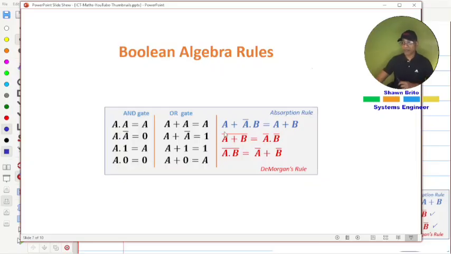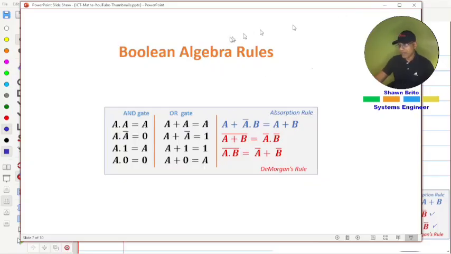We are not going to prove any of this. You can download my notes, which I will add to the link. They contain the entire set of Boolean algebra expressions, the rule sets, including the gates, and also some exercises that you can do.